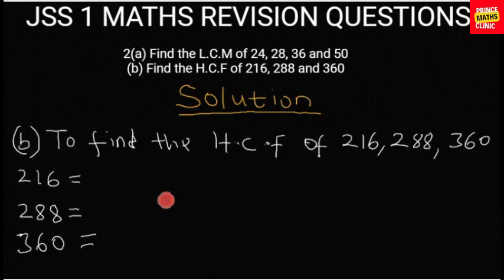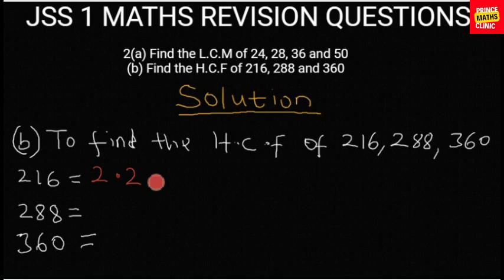All right. So in this method, I'll be finding the HCF of 216, 288, and 360 using this pattern as well. 216 can be found by saying 2 times 2 times 2, right?